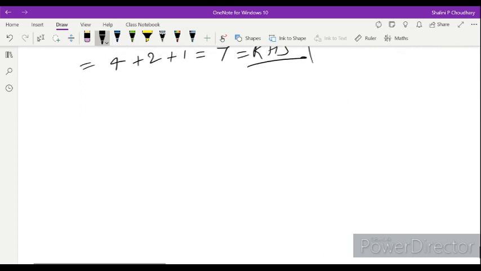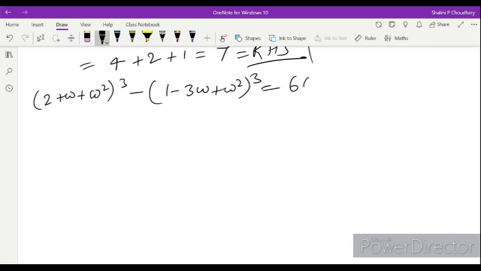Next question: (2 plus omega square) whole cube minus (1 minus 3 omega plus omega square) whole cube is equal to 65. We have to show that this is equal to this one.